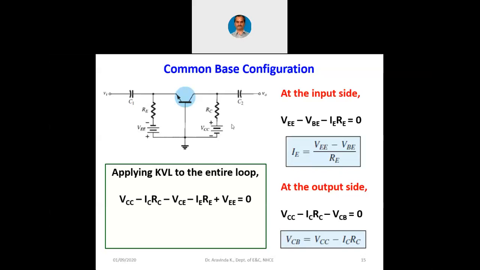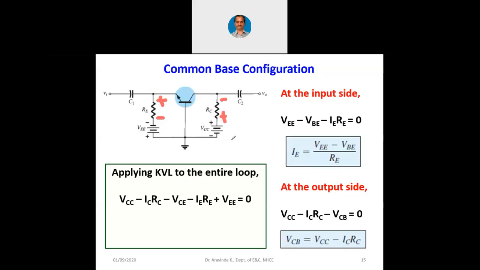Now across this RC, it is always a loss. So what we do is, we put a plus symbol here and we put a minus symbol here. Let me put an annotation symbol here. In general, when we move through the loop, this is the convention.